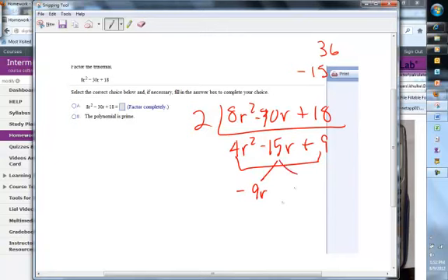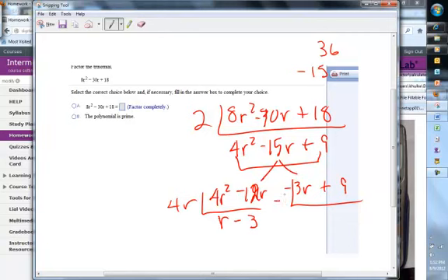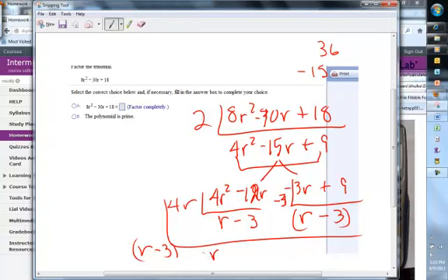No, let's try minus 12r minus 3r plus 9, 4r squared. So now we can factor out a 4r, and we're left with r minus 3, and negative 1, negative 3, and we're left with r minus 3. So our factored form is r minus 3 and 4r minus 3. And don't forget we got a 2 also.